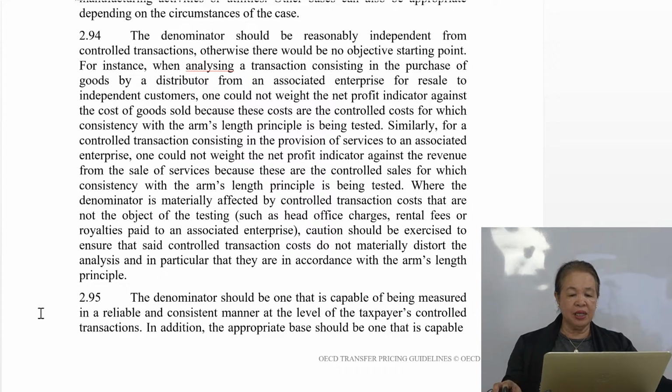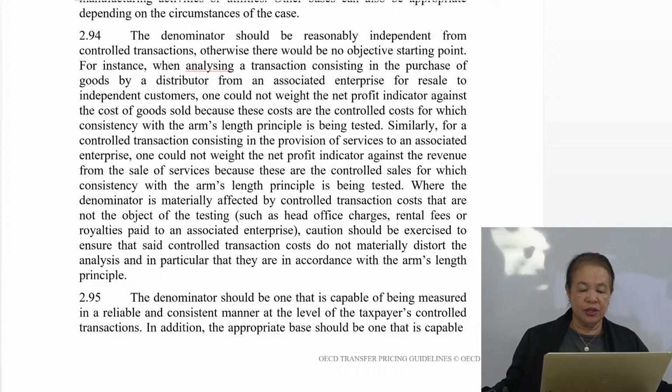So the denominator should be one that is capable of being measured in a reliable and consistent manner. So reliable, consistent manner at the level of the taxpayer's controlled transaction. So in addition, the appropriate base should be one that is capable of being measured in a reliable and consistent manner at the level of the comparable and controlled transactions.